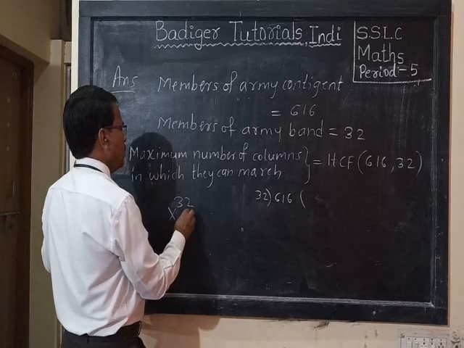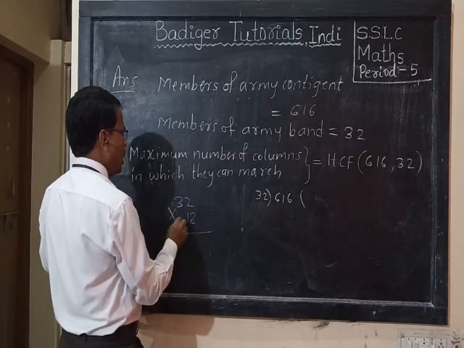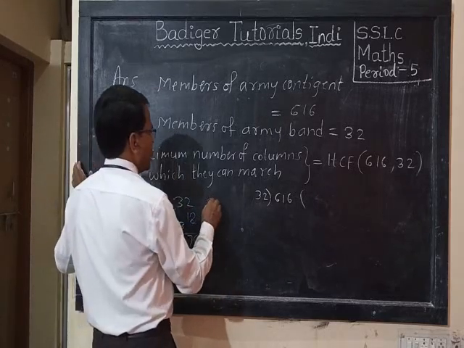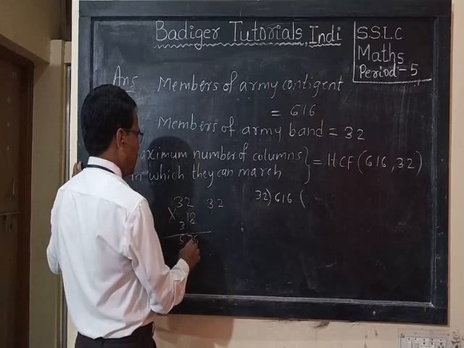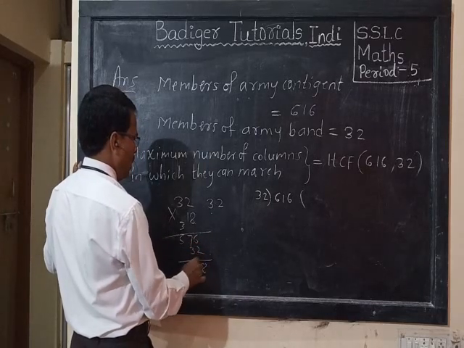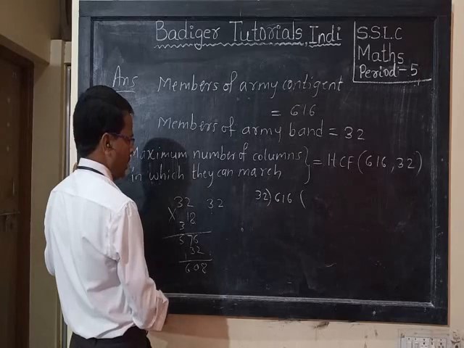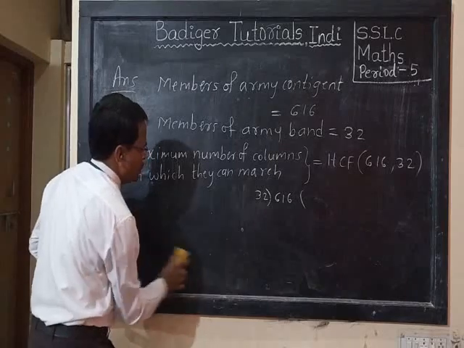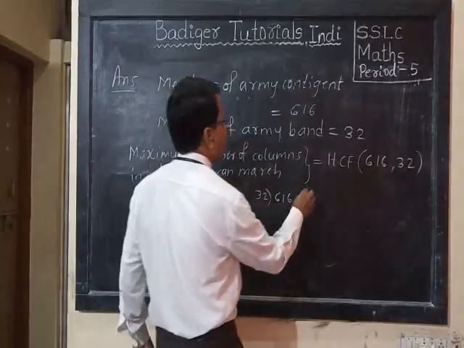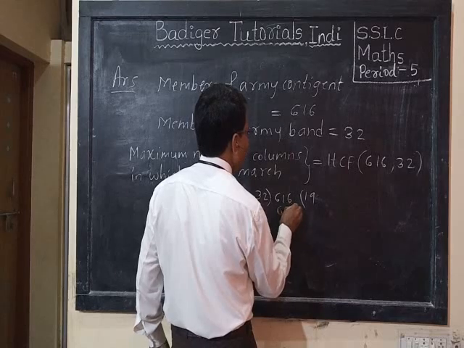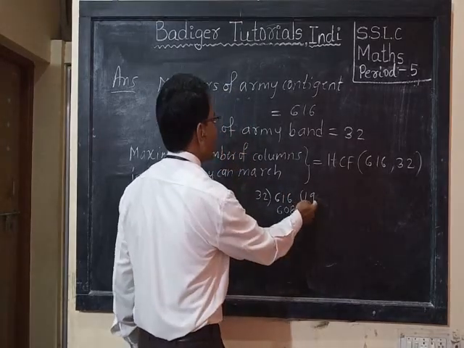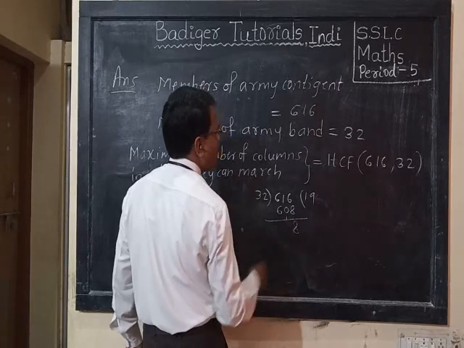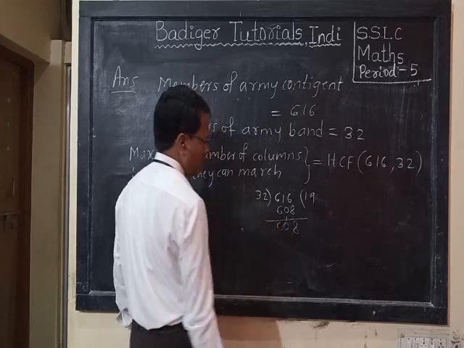Check by 19: 32 nineteens are 608. Then 16 minus 8 is 8, and the rest are 0.